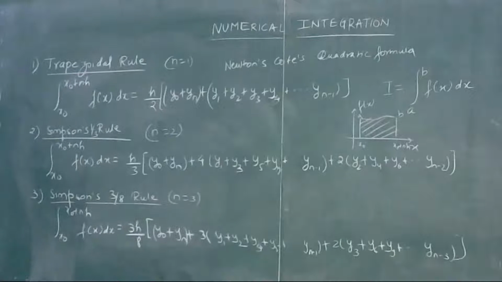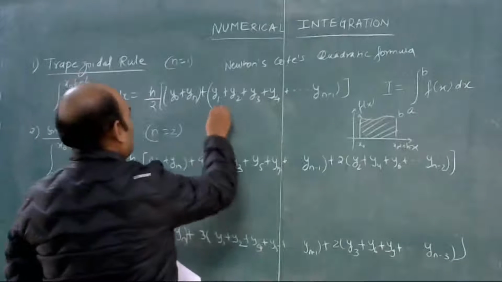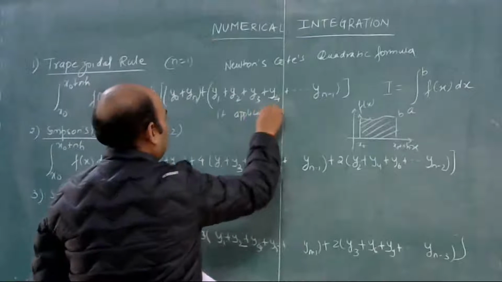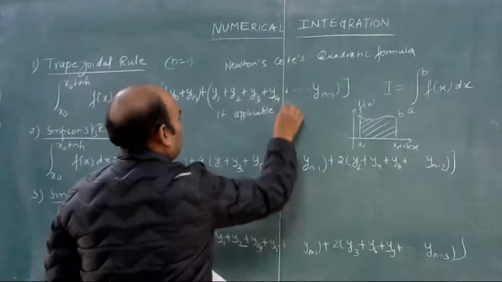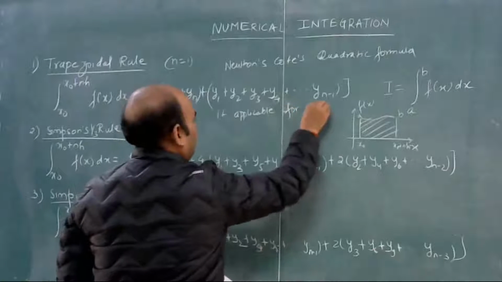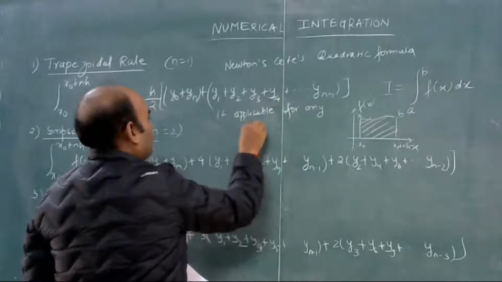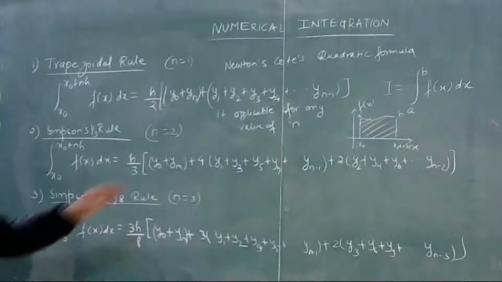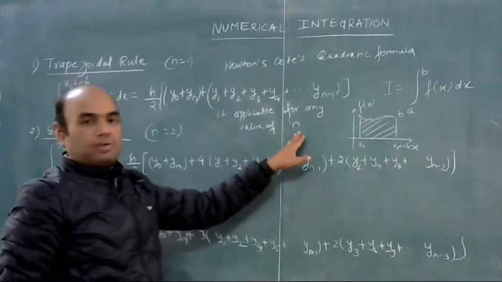First, Newton's trapezoidal rule is applicable for any value of n. It is applicable for any number of sub-intervals n.